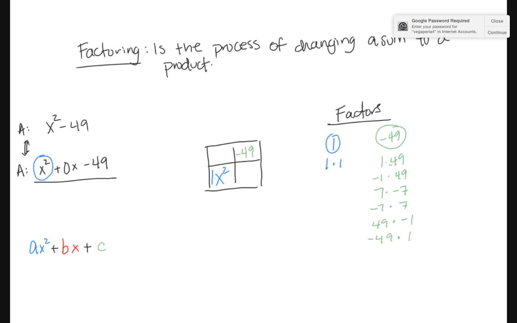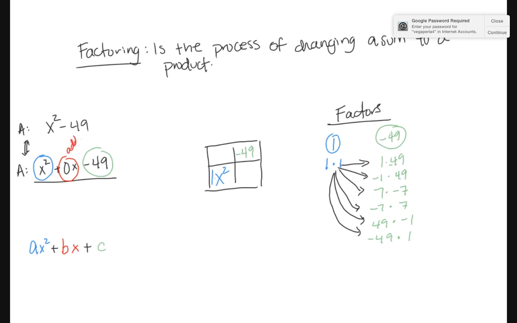And so then we see which one of these combinations will work in our case. We need to make all those combinations to find a sum of 0x. Okay, let's remember that the product has to give us negative 49. Then it has to add up to 0. So let me write that as addition.